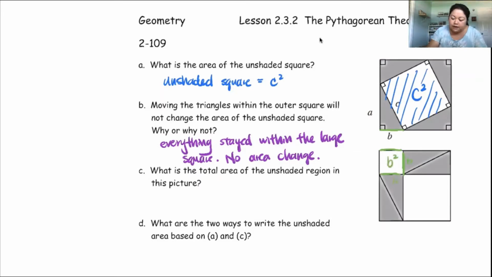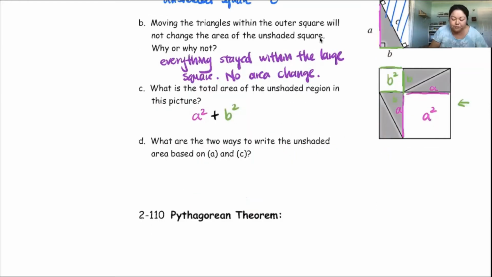Same idea. If you have the long leg here to be the side A, then this long side must also be A, and this long side must still also be A. Therefore, this square is A squared. So the unshaded area in this second picture is now A squared along with the other piece, B squared.